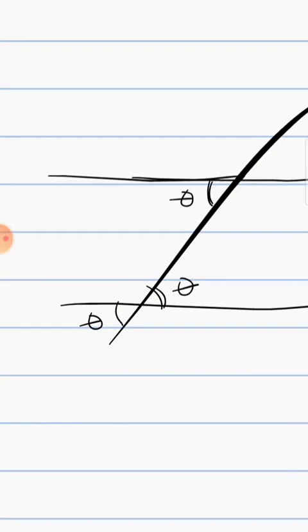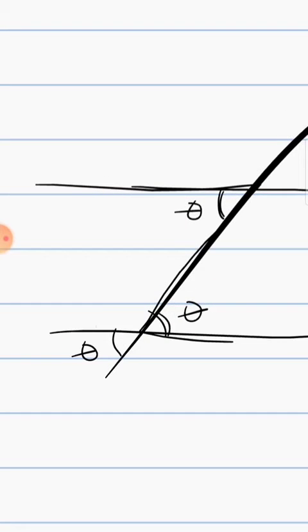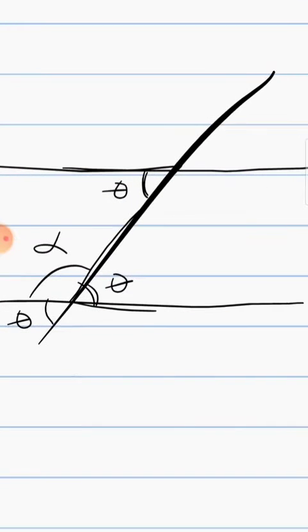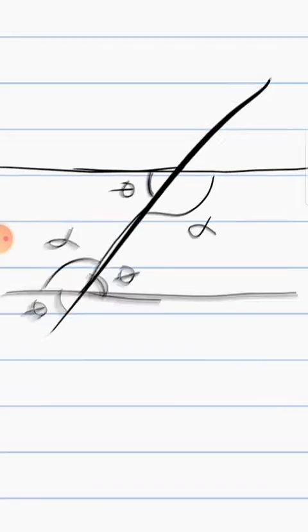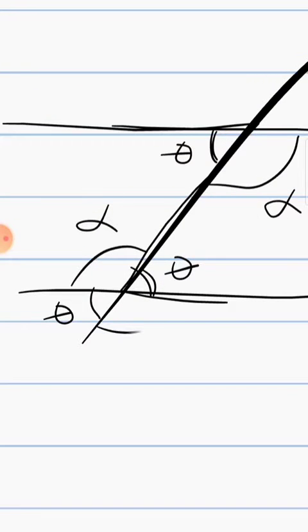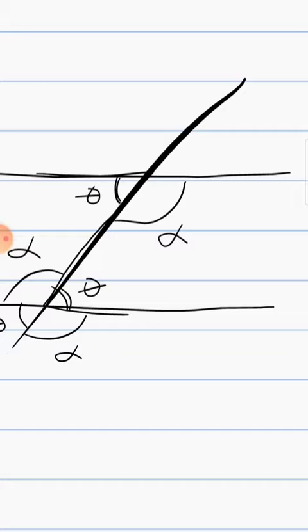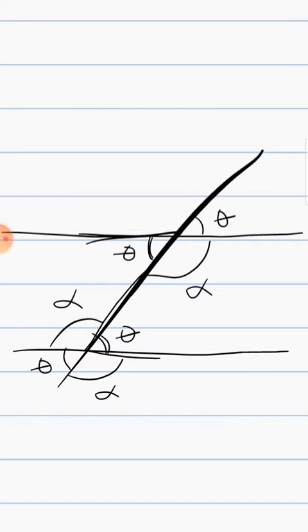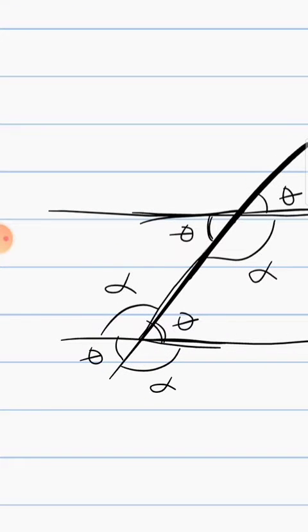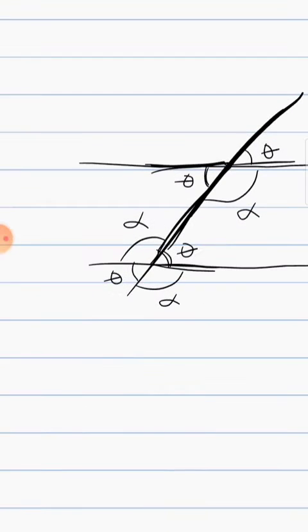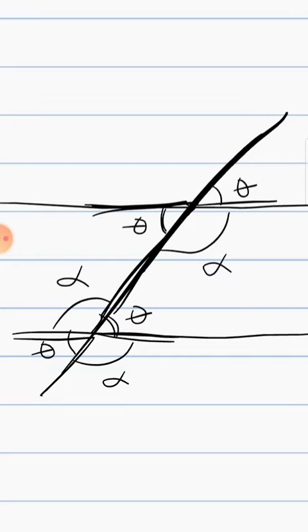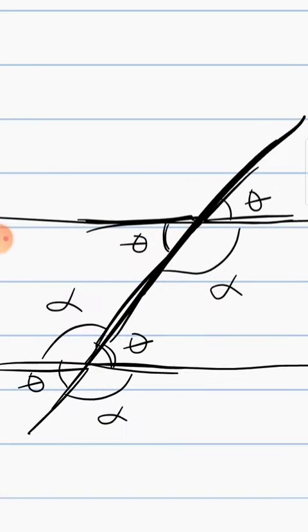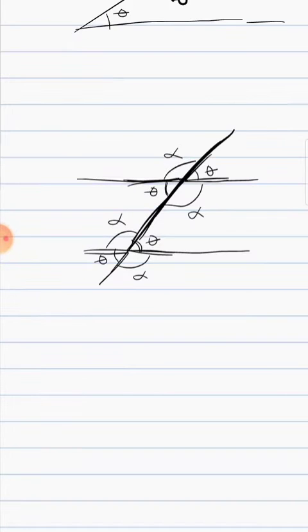Just imagine this as the letter Z. If this is another angle alpha, its equivalent is this side, and these are vertical angles alpha. For this one above, this is theta. These are vertical angles, and these are alternate interior angles, and this one is alternate exterior. So that's the basis of all this.